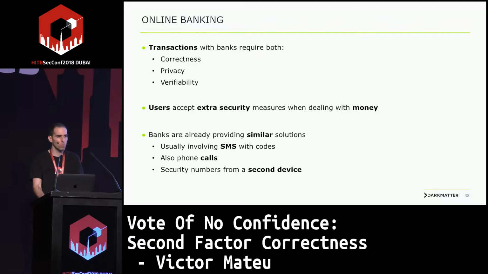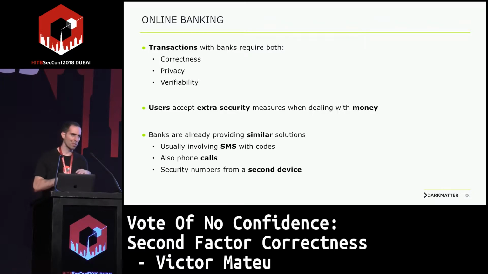So we want to design something that provides second factor correctness for bank transactions. We first did some research and checked the banks, and more or less all of them have some operations for that. Usually they send you an SMS to confirm that you have done something, or in some cases they might even call you and try to gather information about your last transaction.